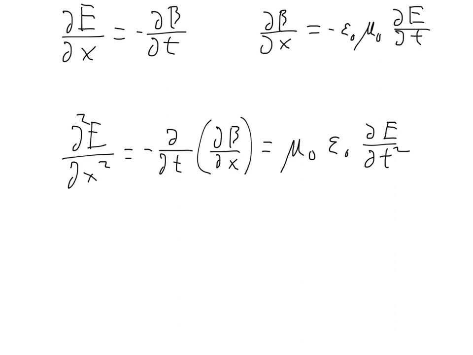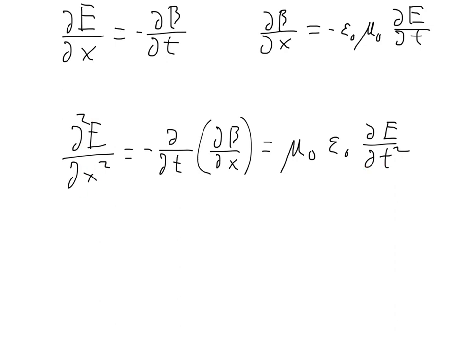Now, for the most part, when we first introduced that, we had just a single variable. We had, for example, the position of some mass on a spring going up and down, so the function x was a function of time then. But here we need to have the E field as a function of both space and time.